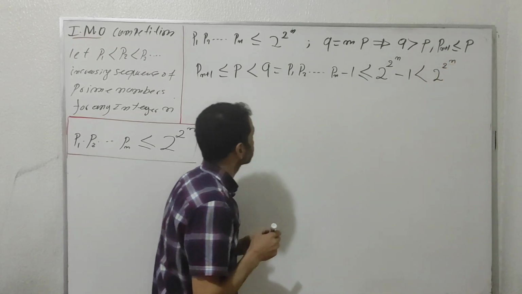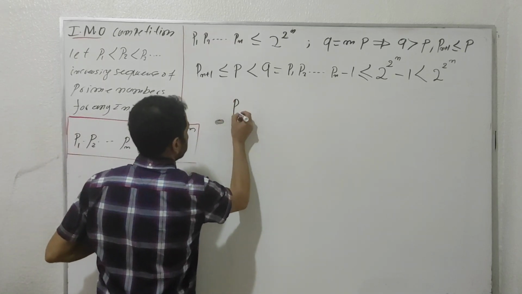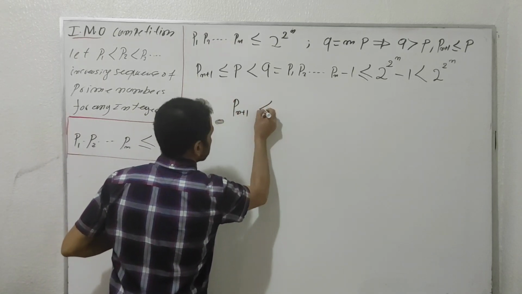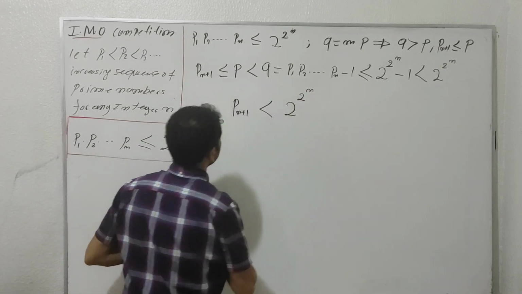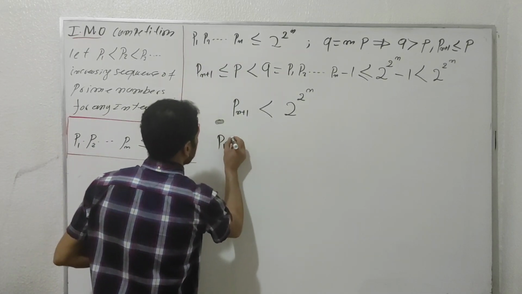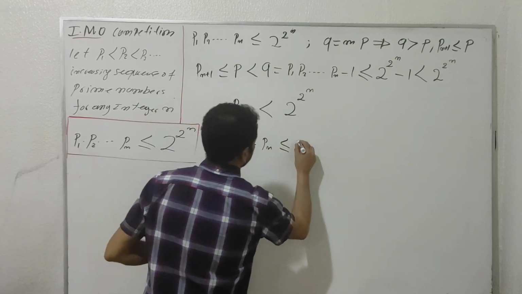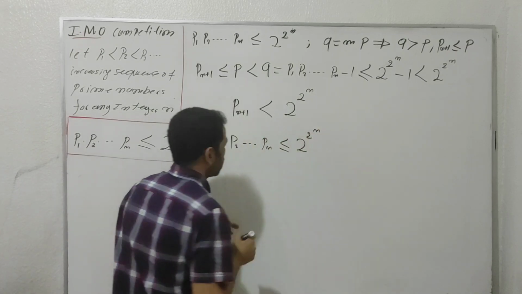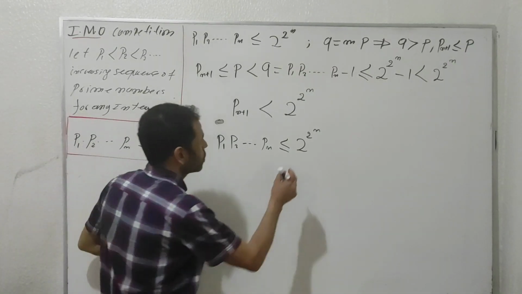So I know two things here: Pn plus 1 is strictly less than 2 to the n, and this product P1 through Pn is less than or equal to 2 to the n by assumption, because we are using the induction hypothesis.